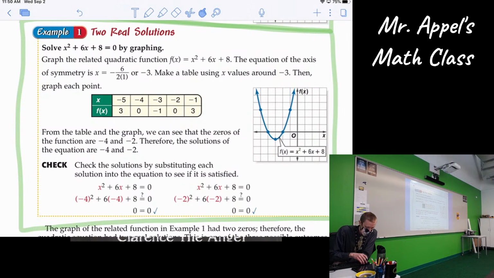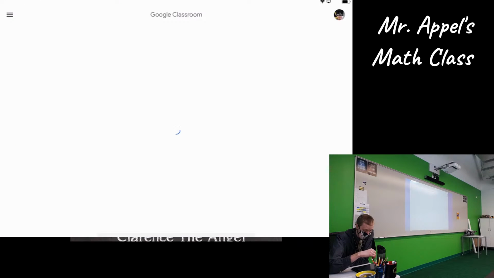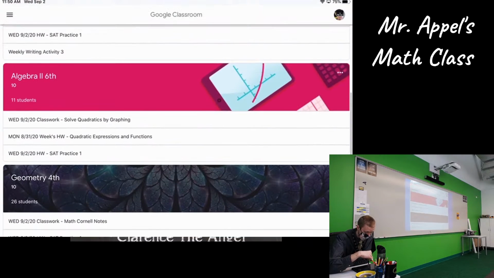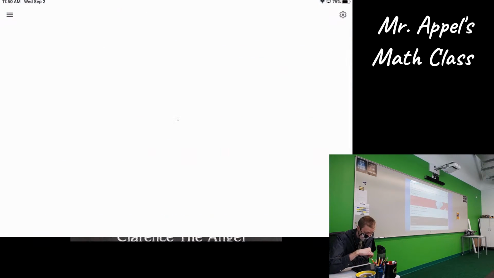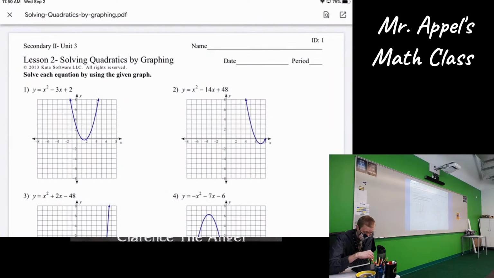Back to today. You have a worksheet just filled with equations. Some of them already have the graph for you. So this is just you reading the graph.